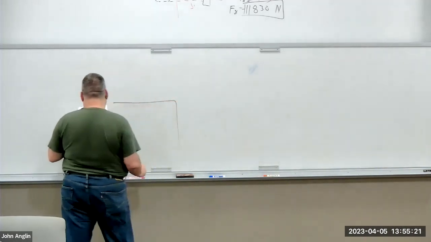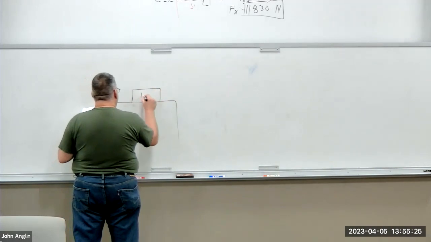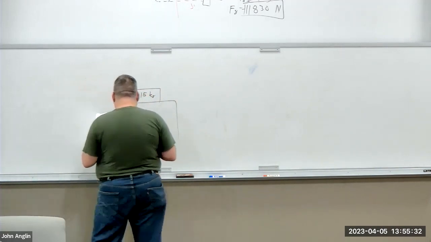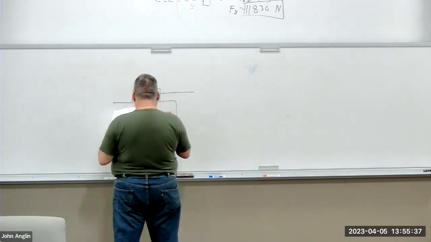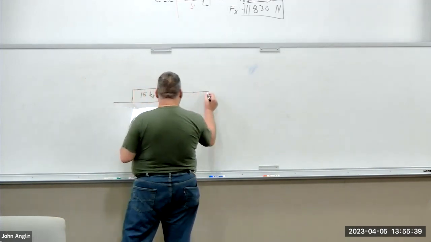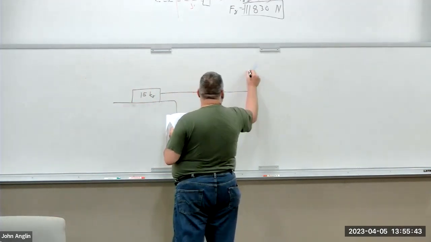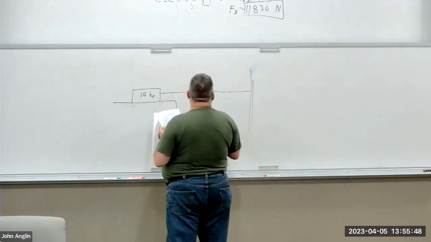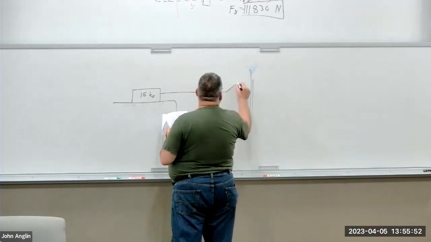So let's do this. Here's some shelf. On the shelf, we have a box that weighs 15 kilograms. And we know that the box is going to have a rope that connects to a wall.